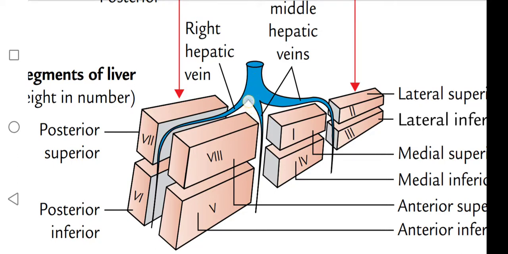That means these two become one and this is one. That means only two large veins enter the inferior vena cava, because the middle and left hepatic veins become one vein and the right hepatic vein is one.